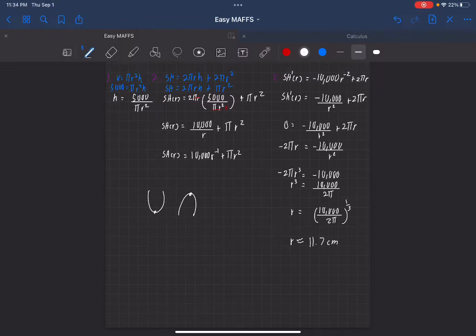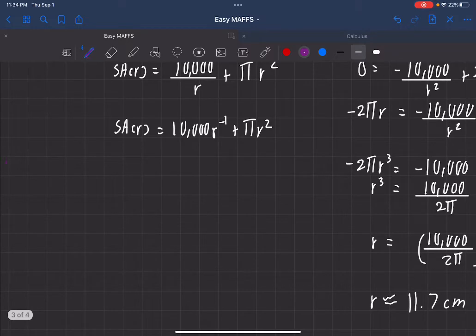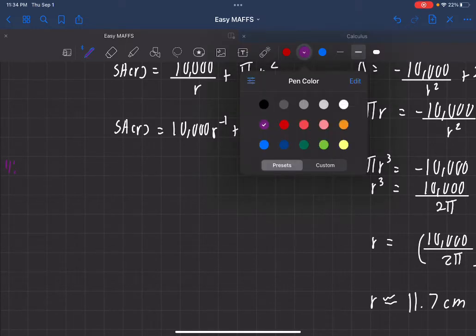And we could use our chart test for this, but I find it funner, even though that's not a word, to use our second derivative test. So step 4, find the second derivative.